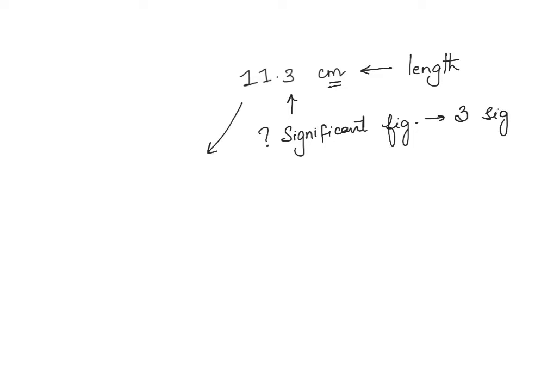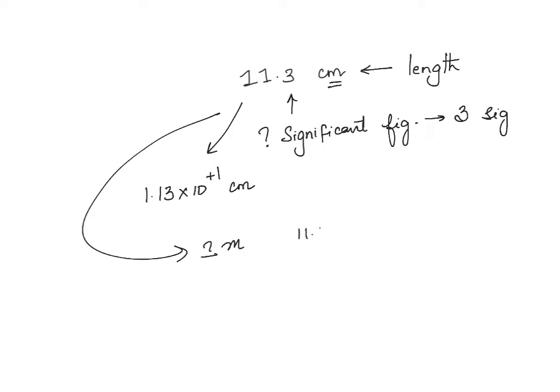Can you convert this into scientific notation? 1.13 times 10 raised to positive 1 centimeters. This would be scientific notation. Can you convert this into meters? How many meters will this make? So 11.3 centimeters. We know that every 100 centimeters or 10 raised to 2 centimeters is 1 meter.